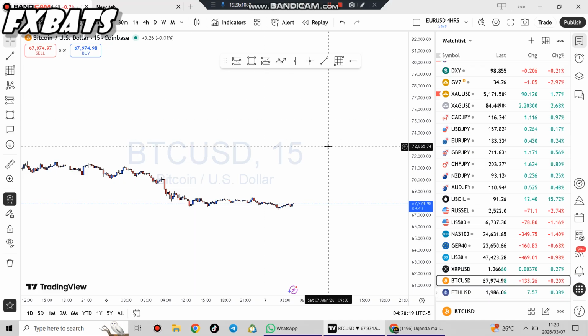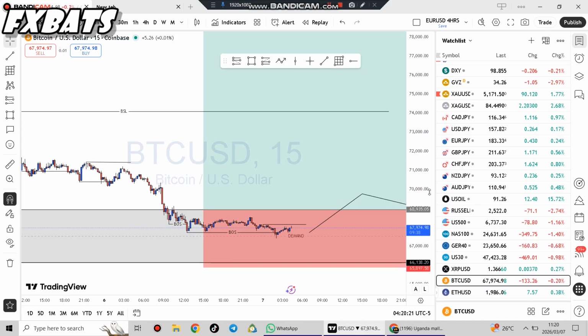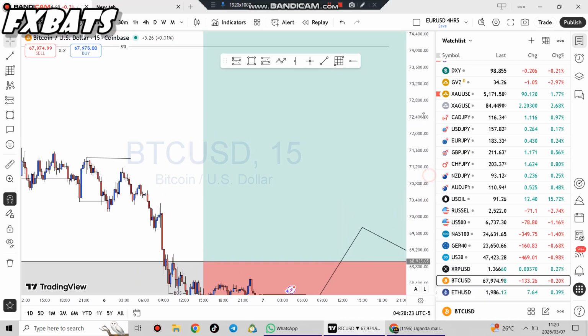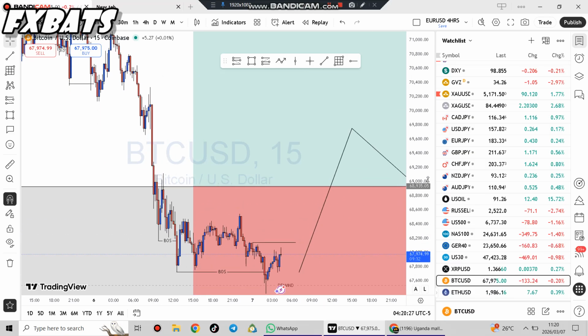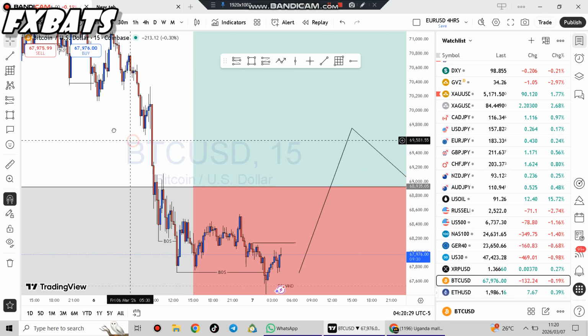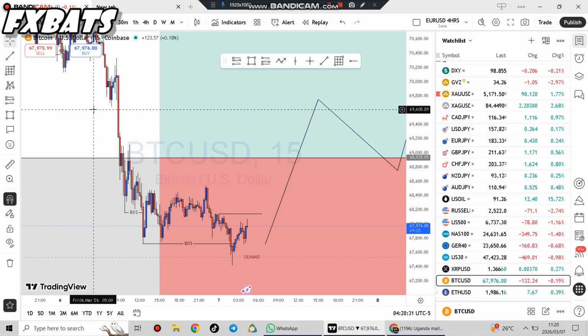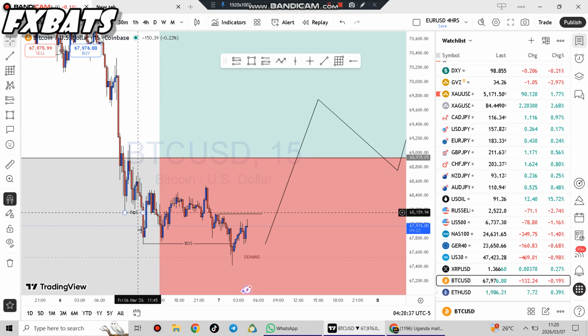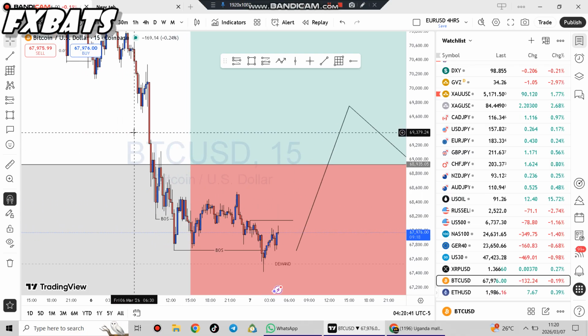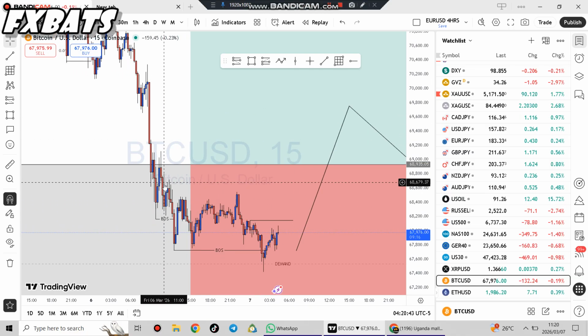So as I go back downwards to the 15 minute time frame, I have to do what we call refined entries. When I come back to the 15 minute time frame, I also map up the market structure on 15 minutes. Because on 15 minutes still we have a bearish trend.